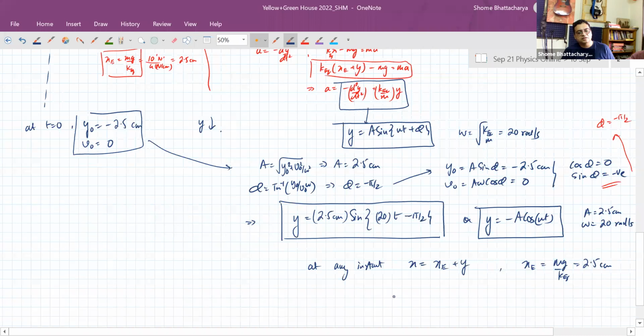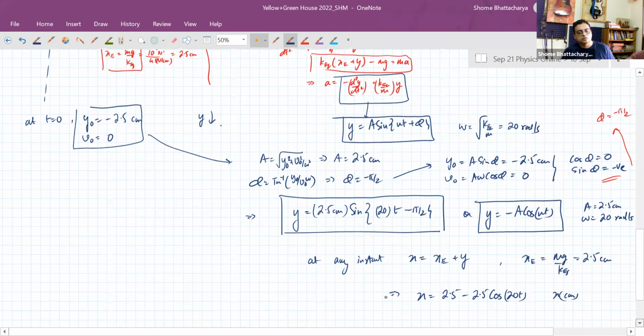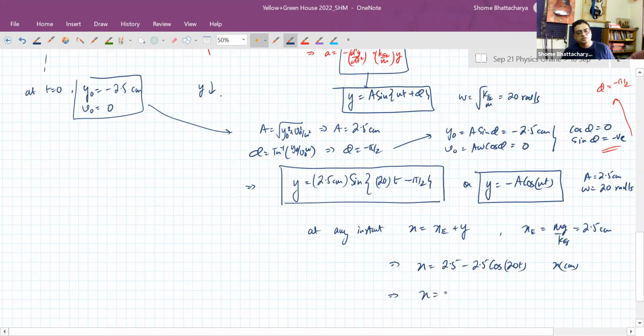So the extension at any point of time is 2.5 minus 2.5 cos 20t, in centimeters. The extension of the spring is a function like this.